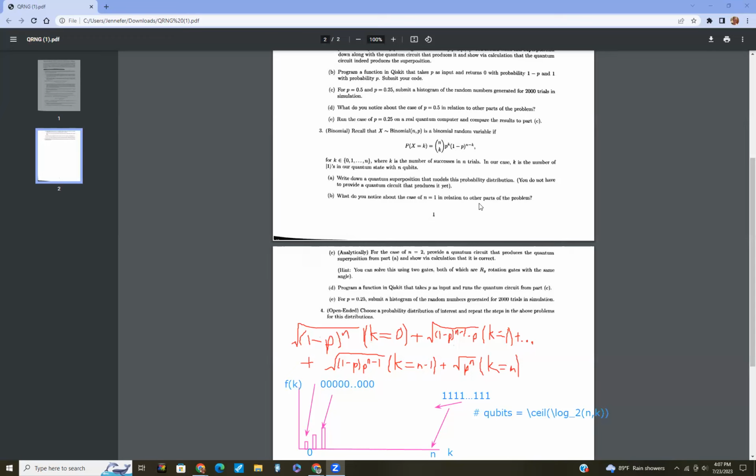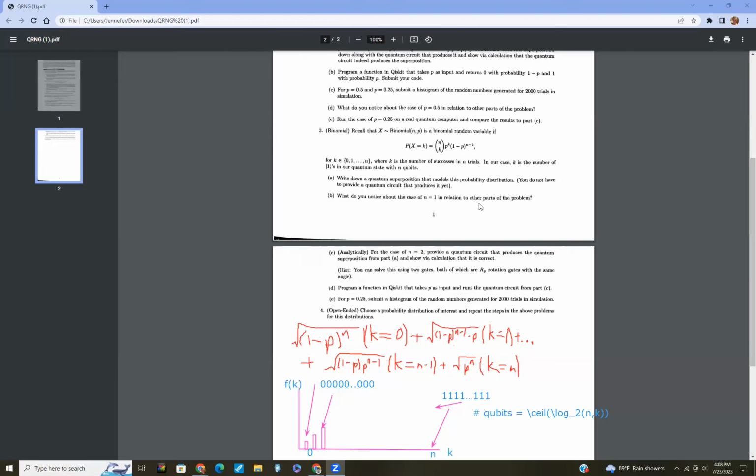In the original one, I simply applied 2 times arcsine of square root of p to all states, and I would get square root of 1 minus p times the 0 state plus the square root of p times the 1 state.